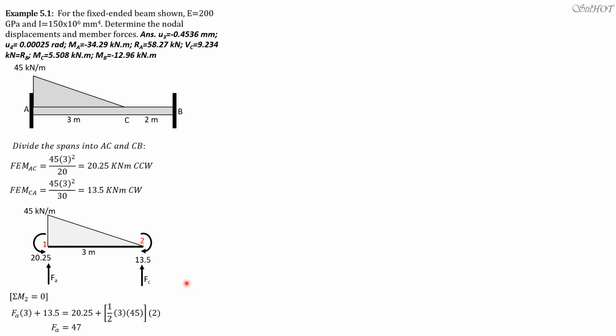Solving for FA is 47.25 kilonewtons. Then for F sub C, summation of forces Y equals 0. So F sub C plus 47.25 equals 1 half of 3 times 45, and we get F sub C equals 20.25 kilonewtons.